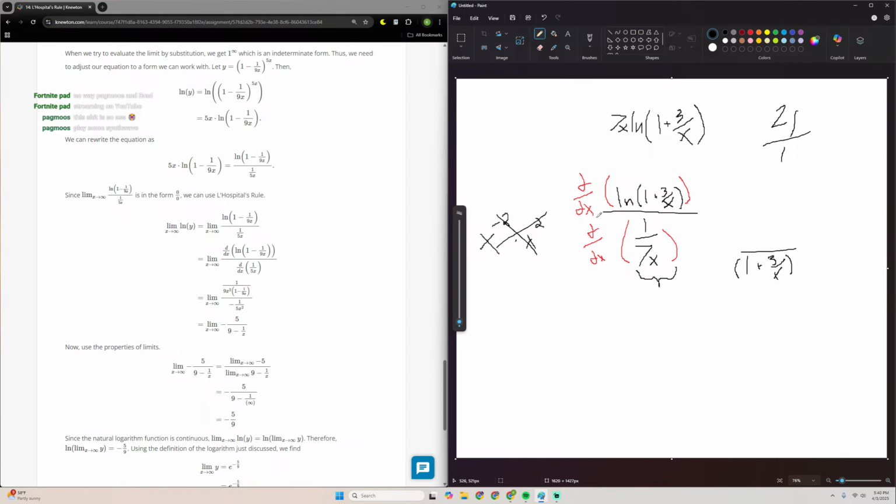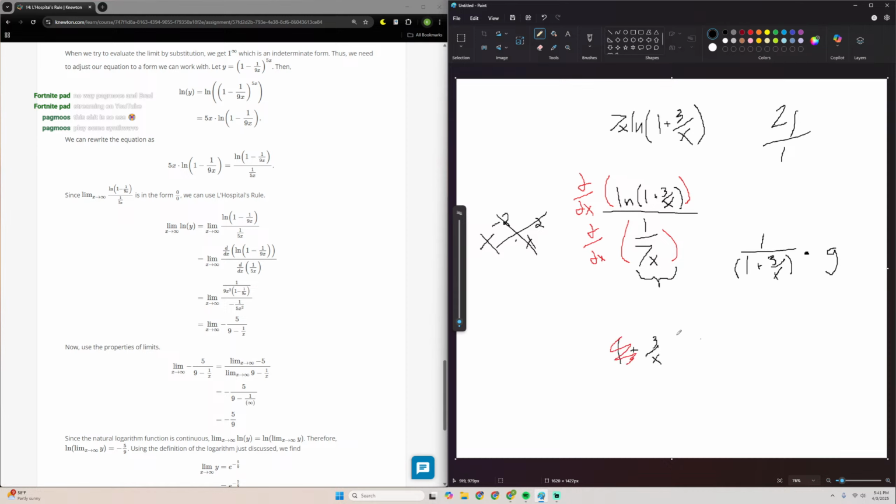That should be the bottom. That is the natural log of that, multiplied by the derivative inside because of the chain rule. So, what is g? 1 plus 3 over x. The 1 should be deleted.